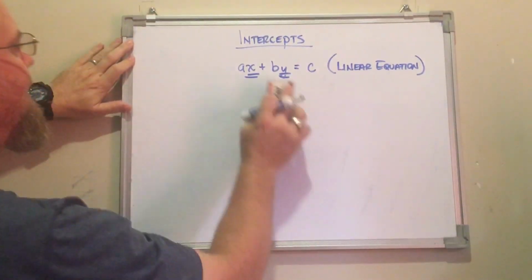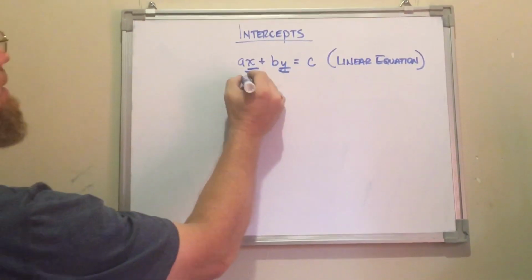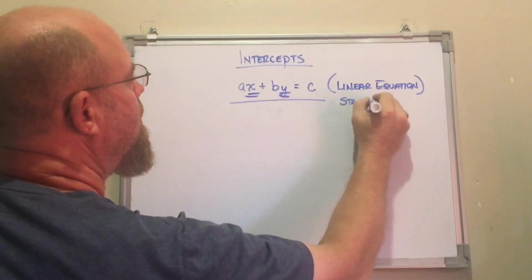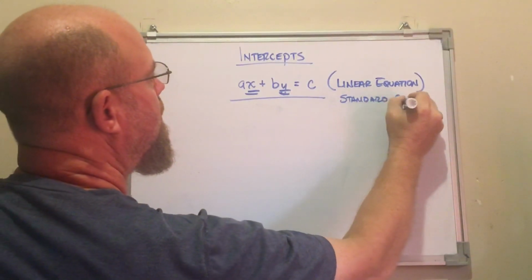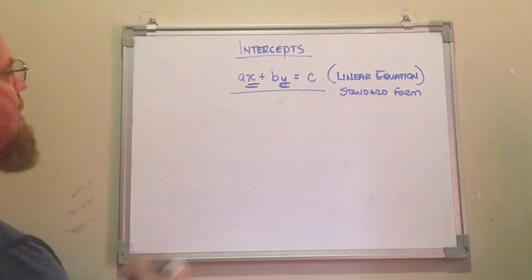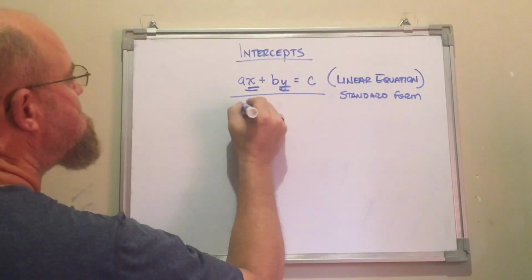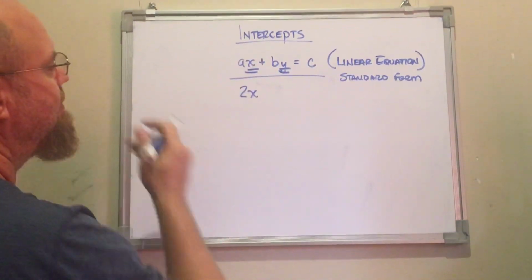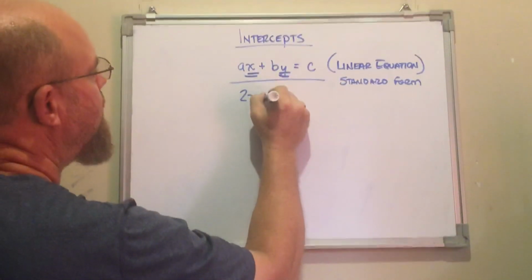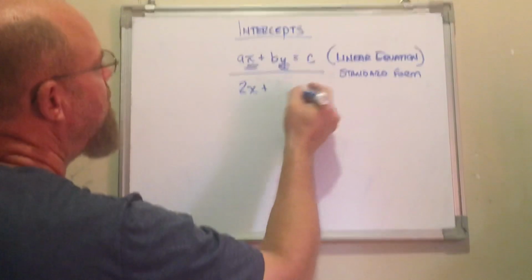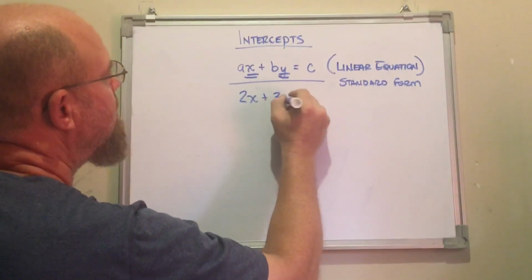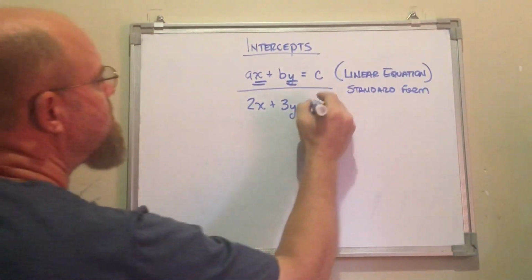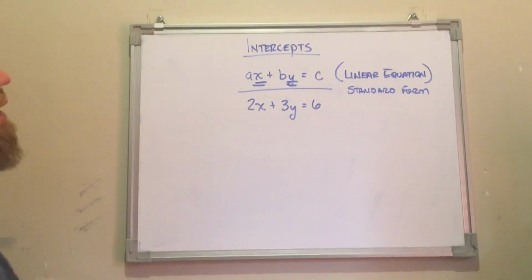When we get a linear equation in this form, which is called standard form, let's say we have 2x, where 2 is the a, the coefficient, plus 3y equals 6.